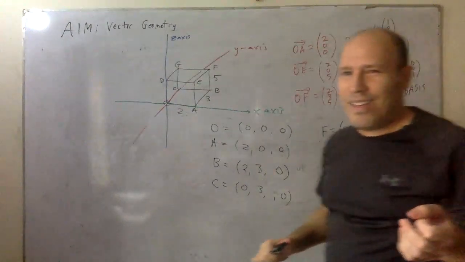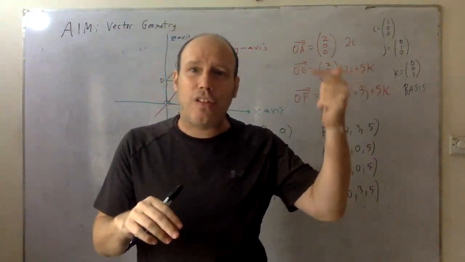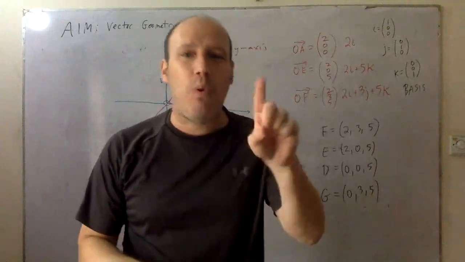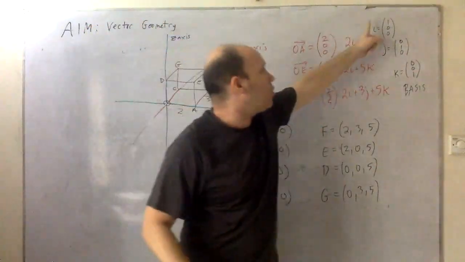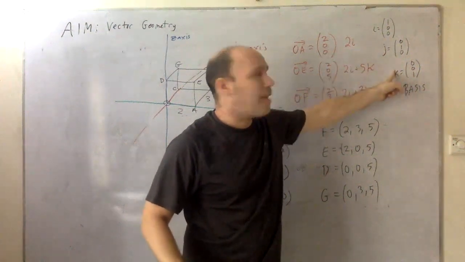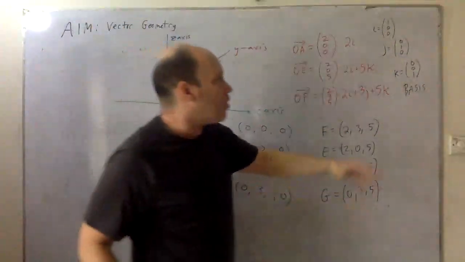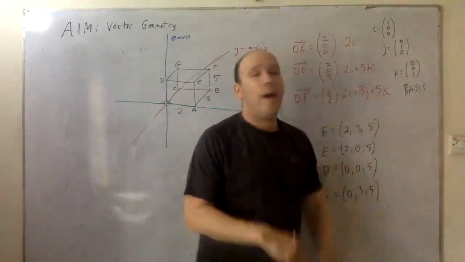Because if you think about it, any combination of integers in front of the I, the J, and the K will get me to any place in my 3 space. Pick any point, and I can get there. 2, 3, 5: 2 times I, 3 times J, 5 times K will get me to 2, 3, 5. So I can get anywhere in 3 space with multiples of these 3 vectors.